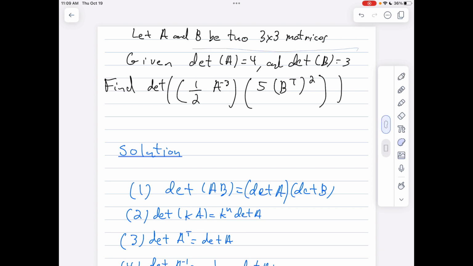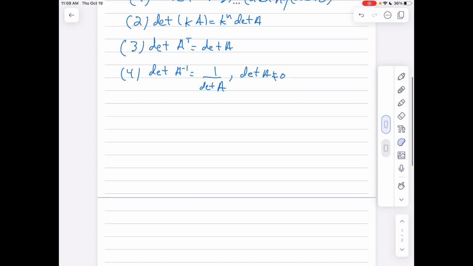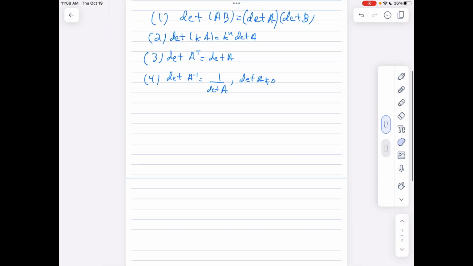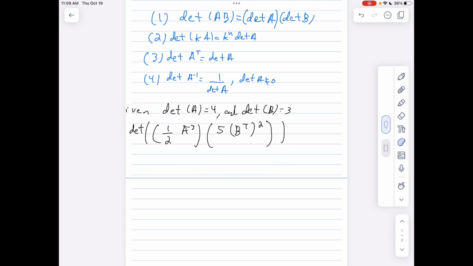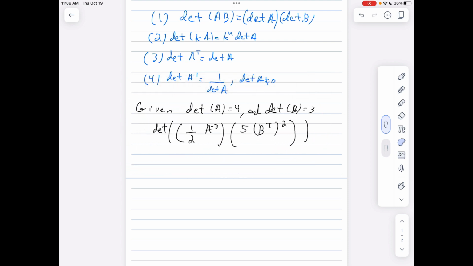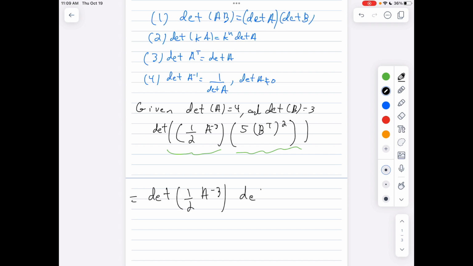Let me just copy and paste here. The first thing I see is you have a product of two matrices, so I can break this up as the determinant of 1/2 A to the minus 3 times the determinant of 5 times B transpose all squared.